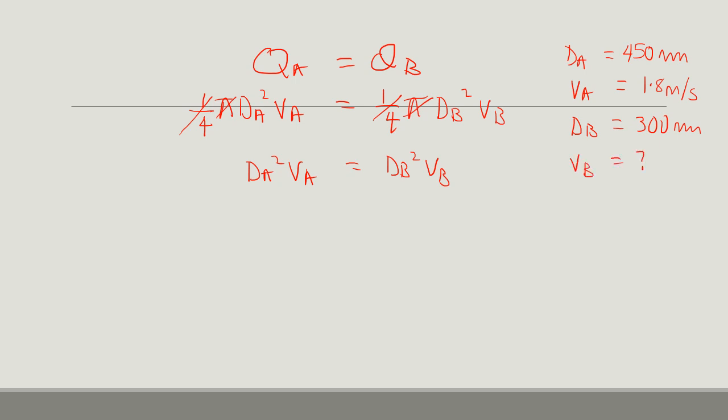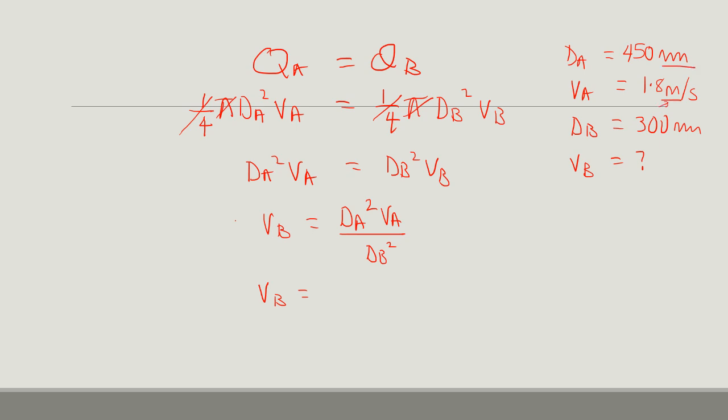So solving for VB in this equation, VB will be equal to dA square VA over dB square. dA is 450 millimeters, but we cannot use millimeters since we are also dealing with meters.